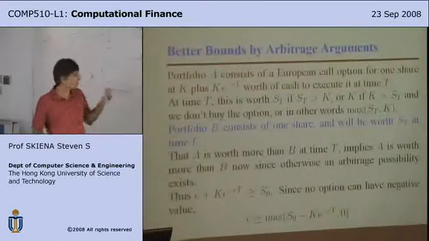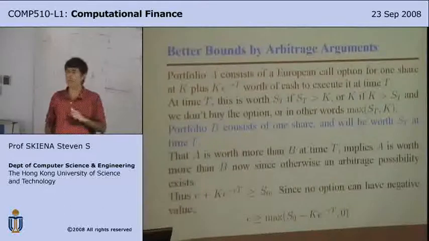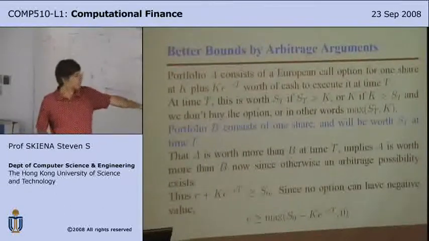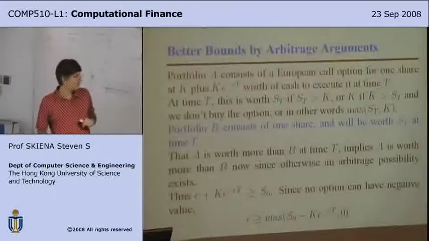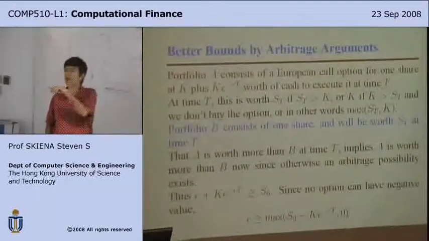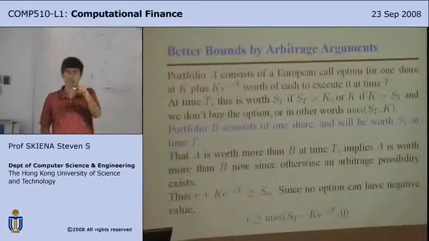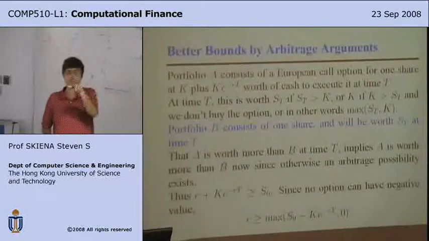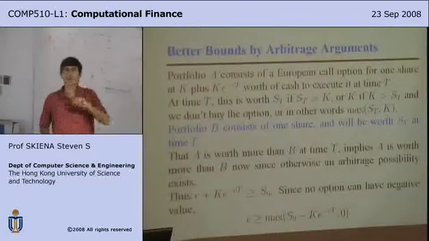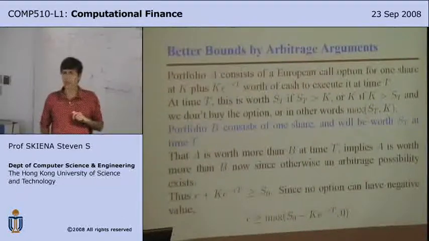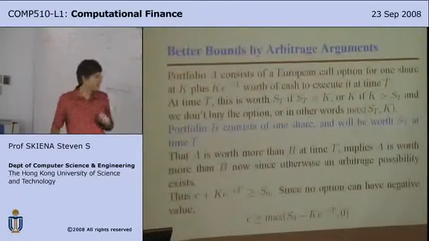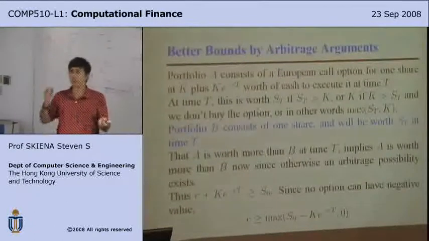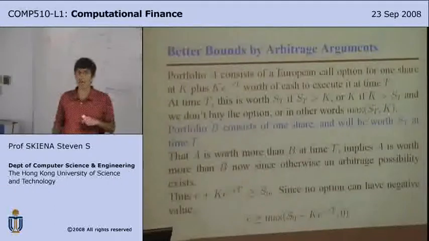And since a call option can never have negative value, the value of that option has got to be greater than or equal to the max of that and 0. Any questions about that? So we now have a better bound on what the value of a call option is by using one of these arbitrage type arguments.